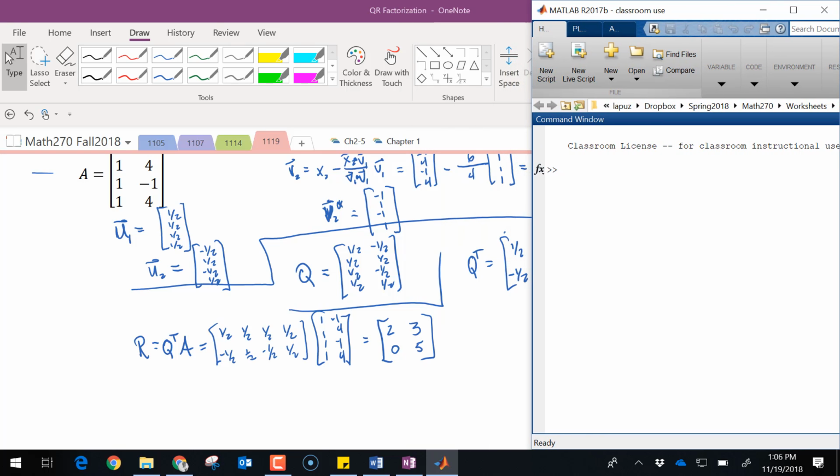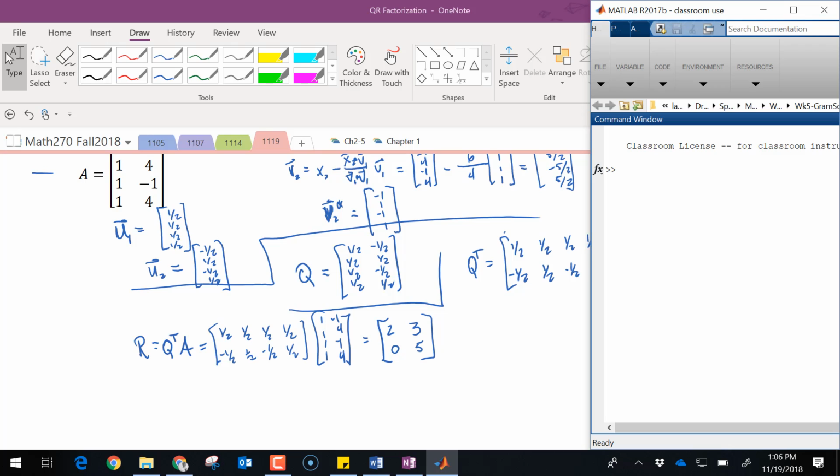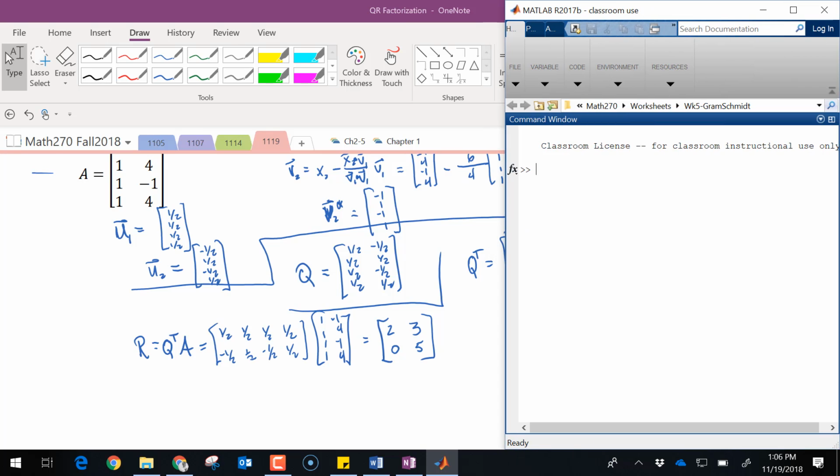So this is another way to get a set of orthonormal vectors, or to use the orthonormal set of vectors in a matrix Q, for other things that we might want to use.